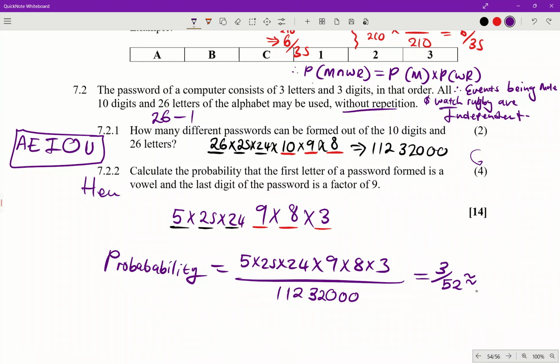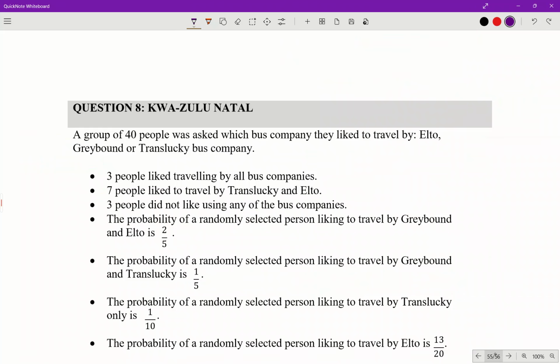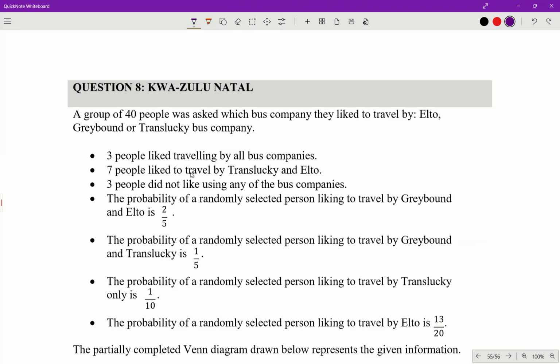And then you can approximate this, or just leave it like that, guys, because probability can be written as a fraction. So you see how many pages do we have here? 55 to 56. So you just left it only one, guys.